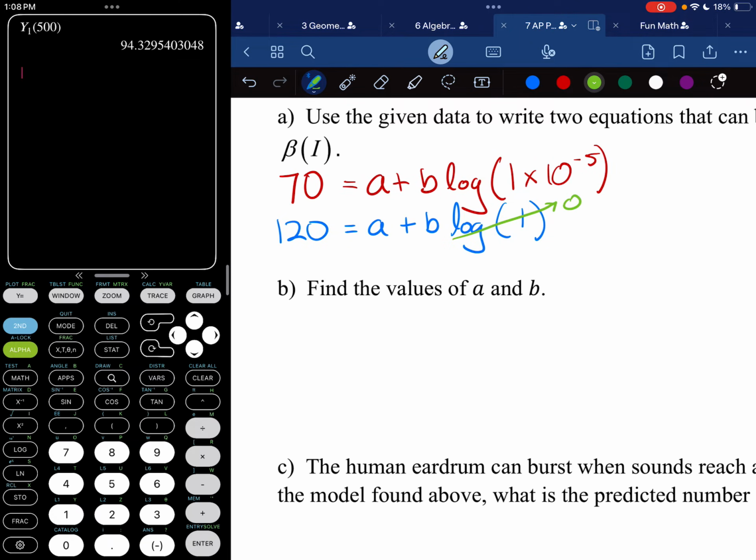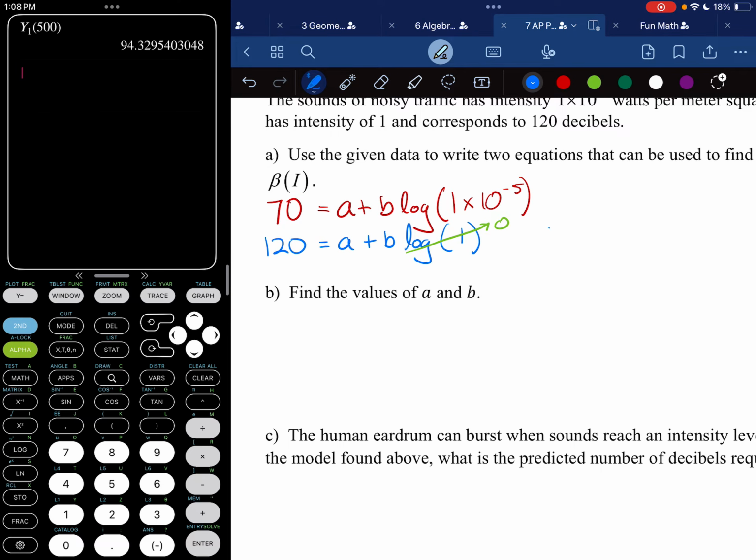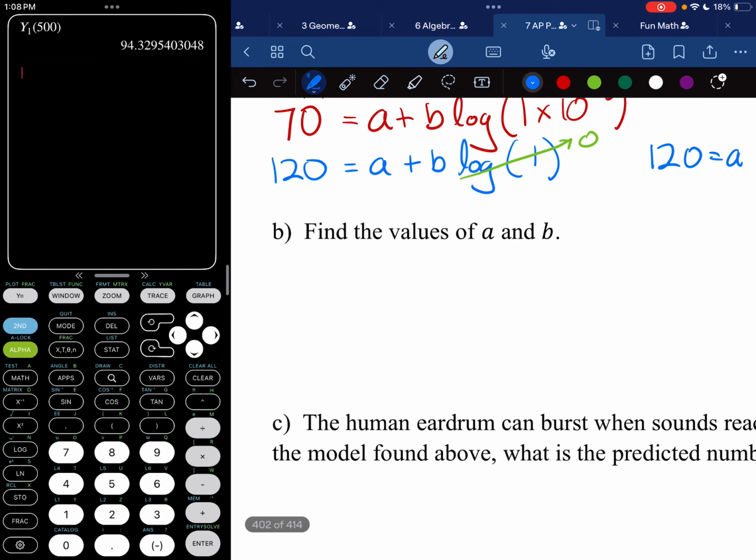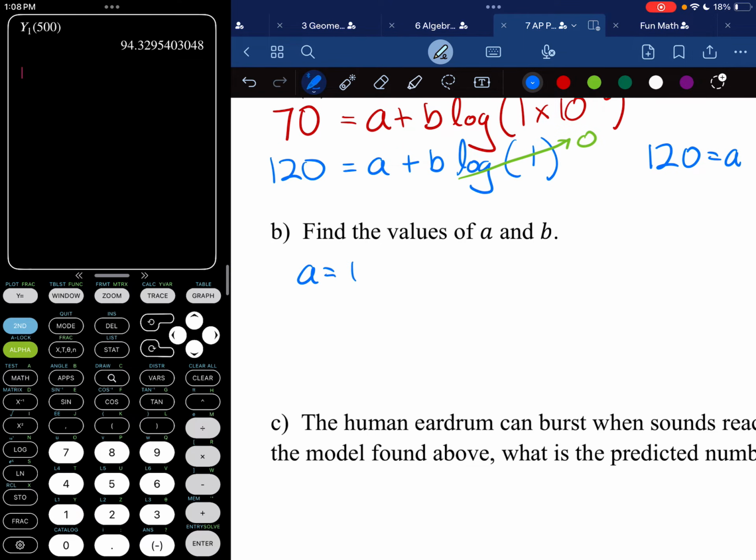Log of 1 is 0, which means this blue function is really 120 is equal to A plus B. Wait, B was being multiplied by 0, so technically, oh, it's even better. 120 is A, which means finding the value of A, we have it. My first step is A is equal to 120. We actually got that from that last line.